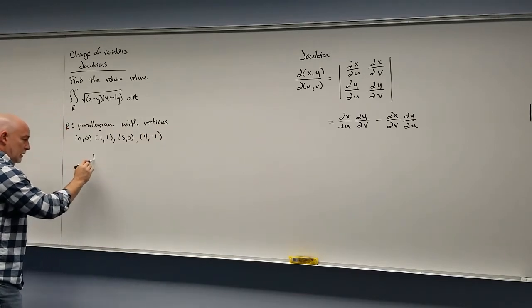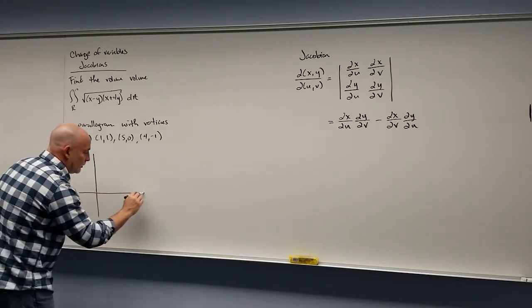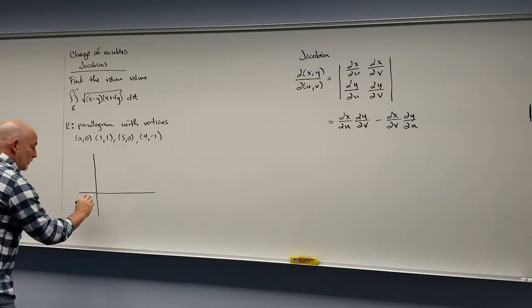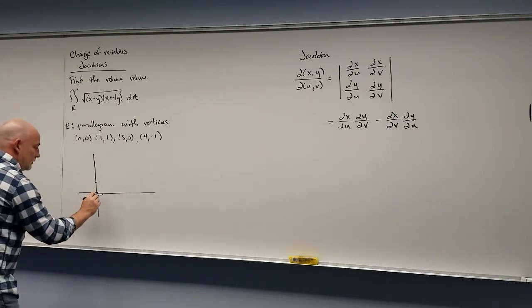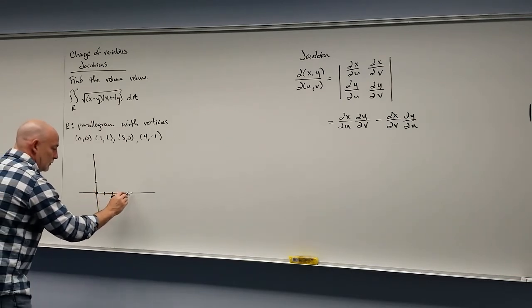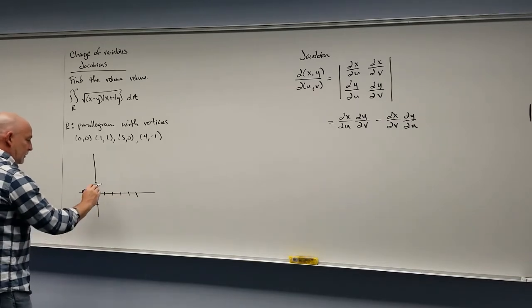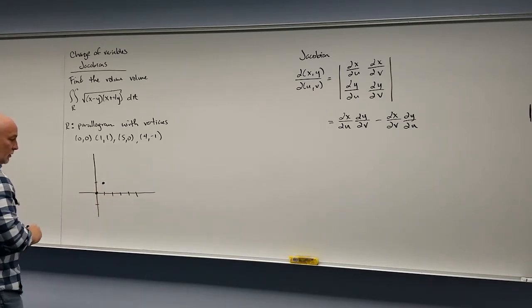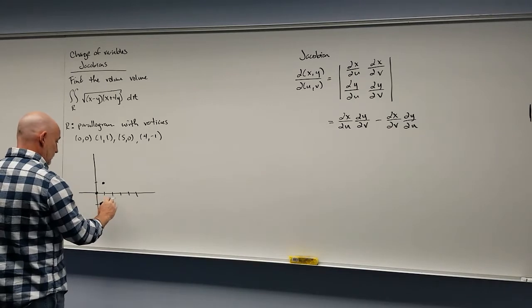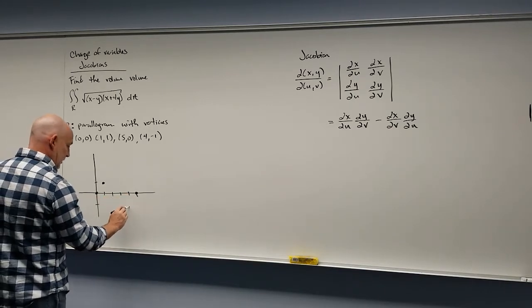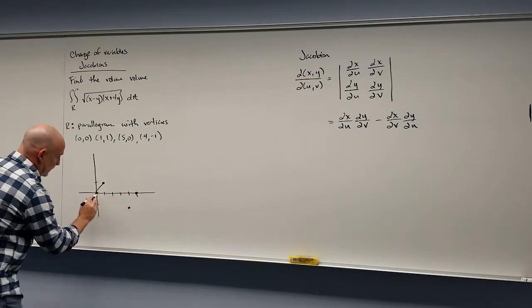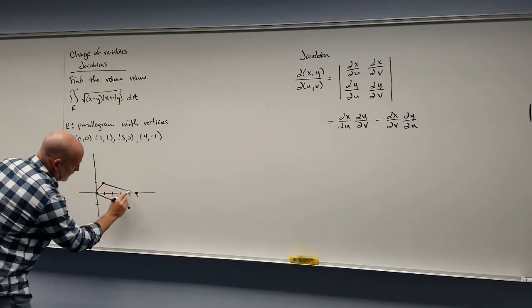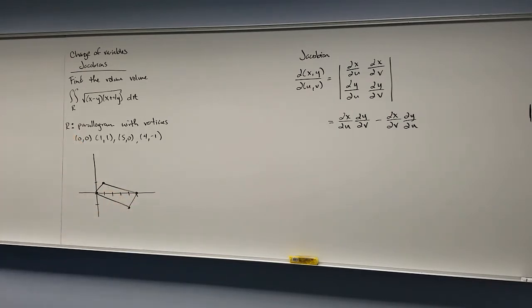All right, so like always, it would be helpful if we just did a quick little sketch here. So let's see, we get 0, 0, 1, 1, 5, 0, and 4, negative 1. Okay, so there's our parallelogram looking thing. So we want to integrate across this region.